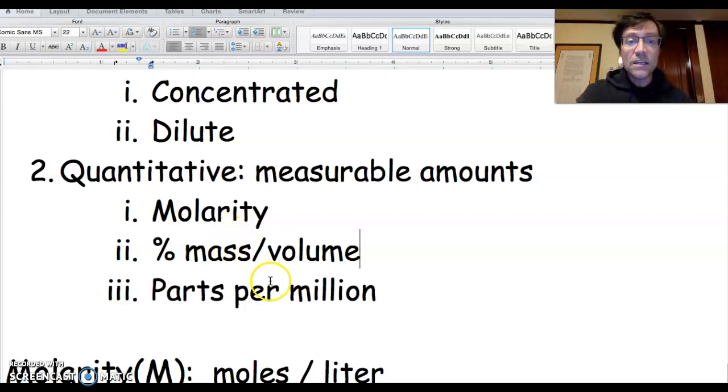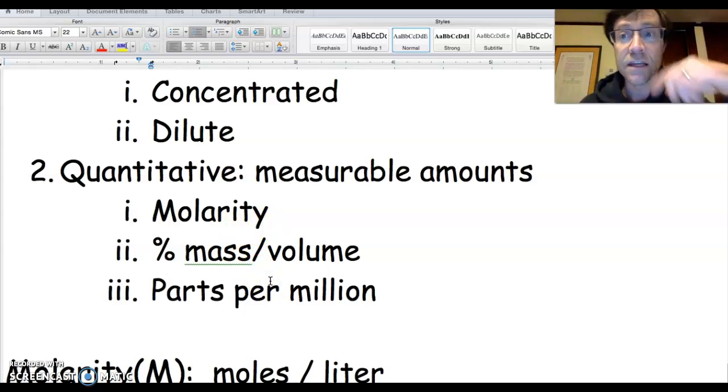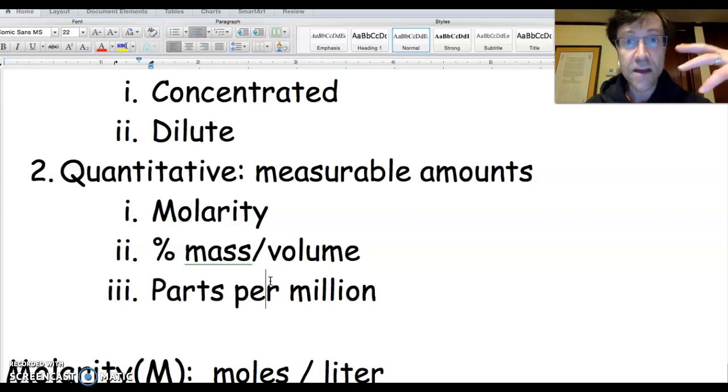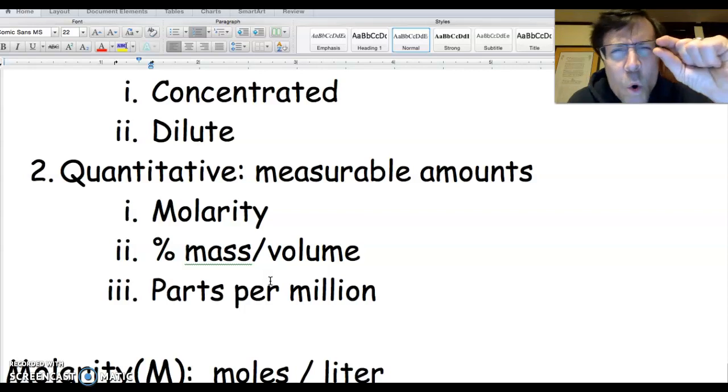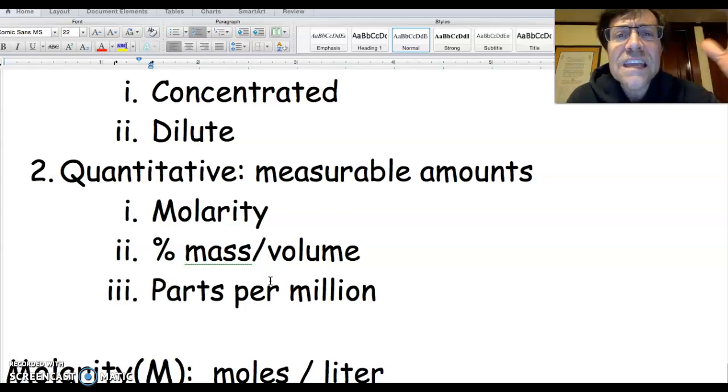And then we have this last one down here, parts per million. We use that kind of measurement for things that don't dissolve very much, like the example I used in class, lead. Lead basically doesn't dissolve in water, except that it does, but it dissolves so little that it's almost imperceptible.